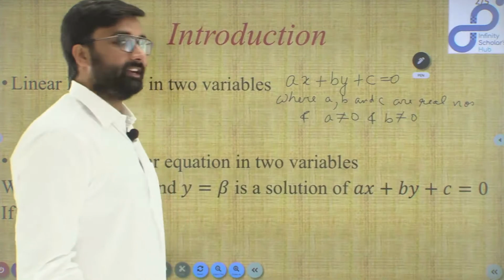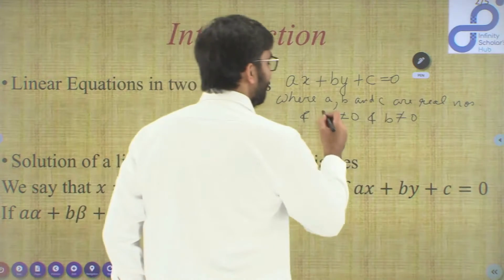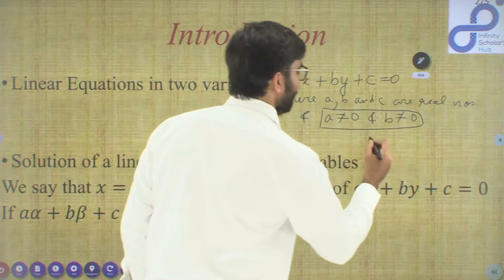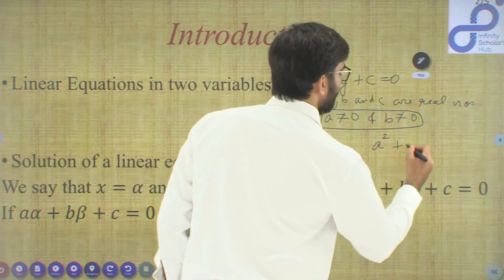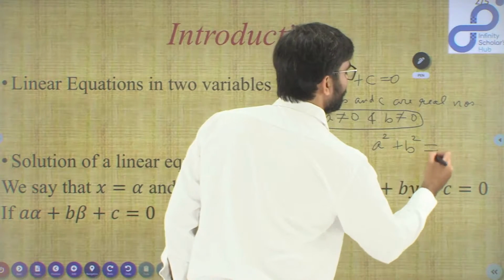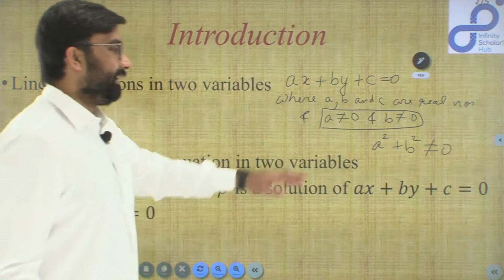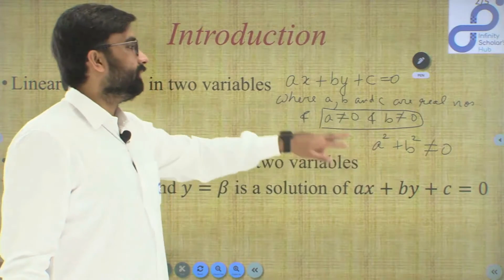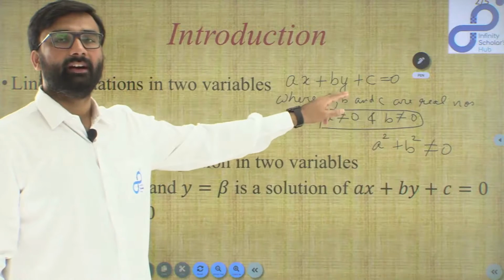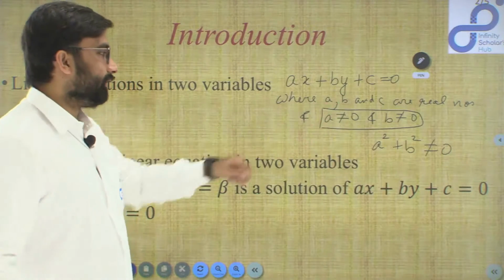Okay, so this condition can even be written as a squared plus b squared should not be equal to 0. If a squared plus b squared equals 0, then it won't remain a linear equation in two variables.